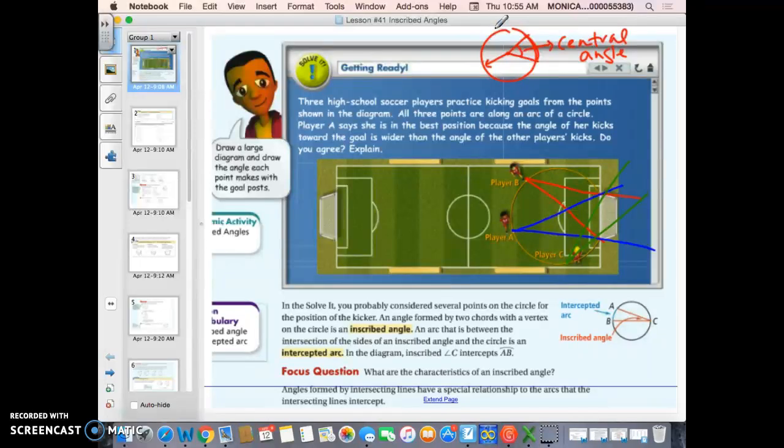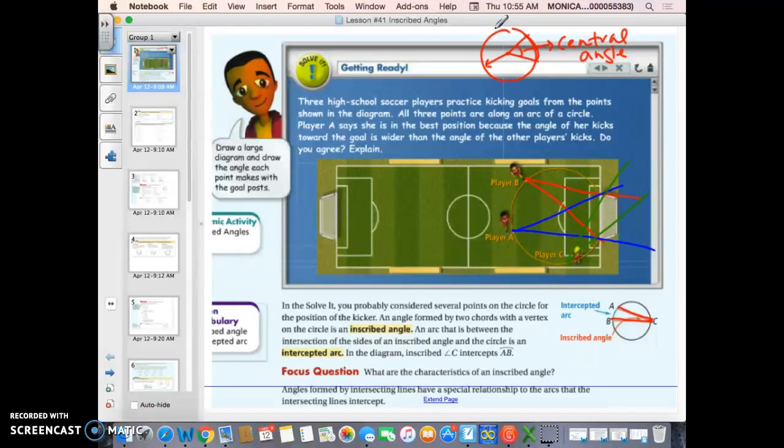Now if you're looking at this diagram, the inscribed angle is the angle created by the two chords, because this is a chord, and this is a second chord, and the angle vertex is on the circle.